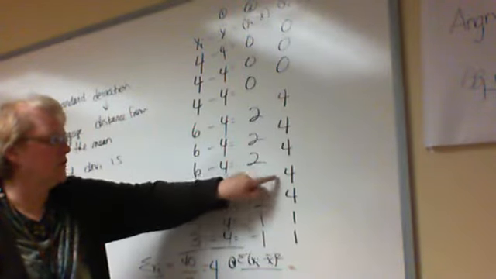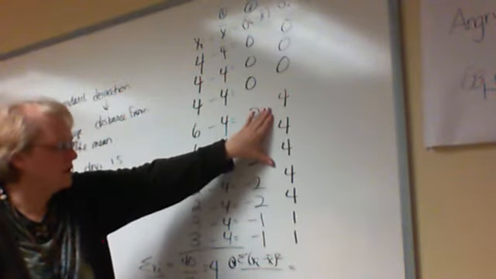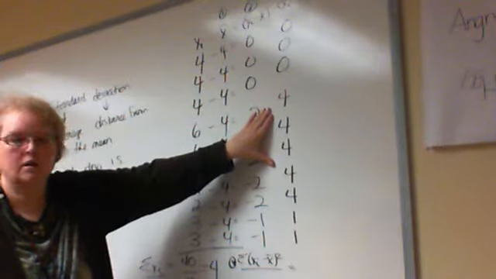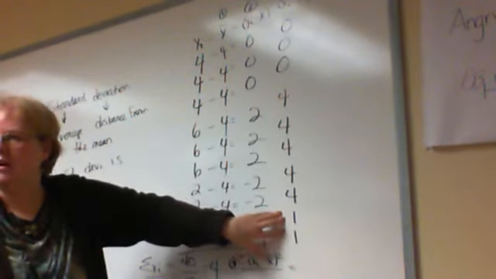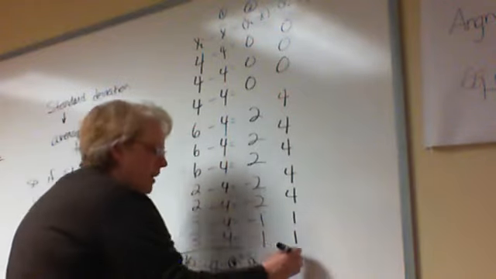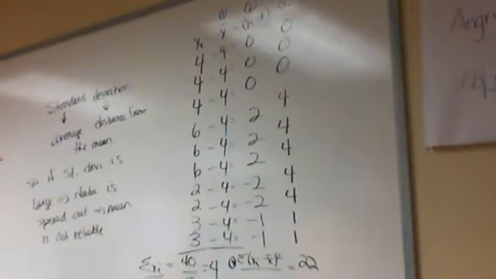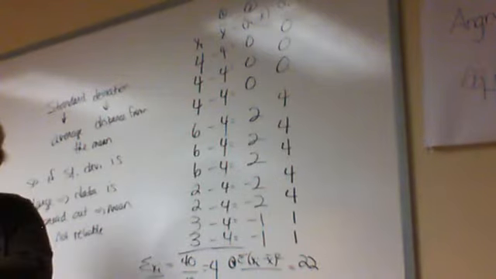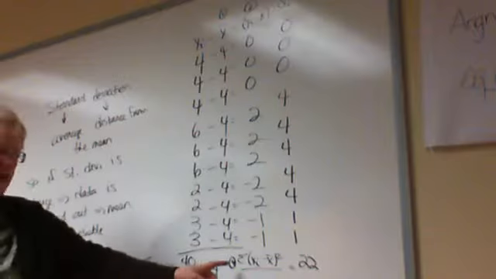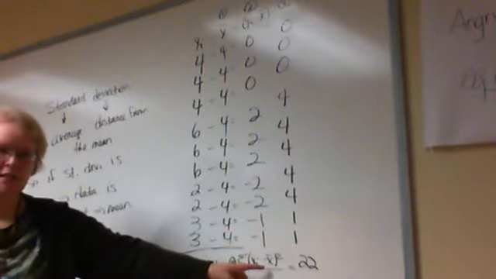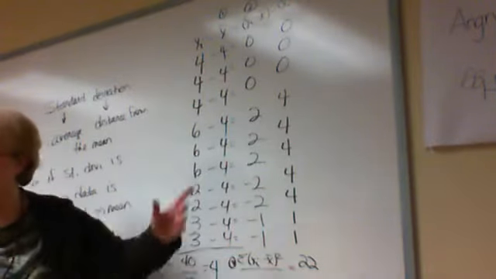So 1, 2, 3, 4, 5 fours. That would give me what? 20. And 2 ones, 22. Is that right? 4, 8, 12, 16, 20, 22. Now see, it looks really ugly. Sum up the xi's minus x bars squared, but it's really just adding a column of numbers.